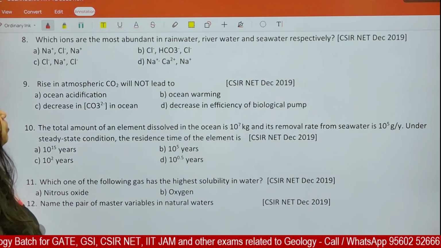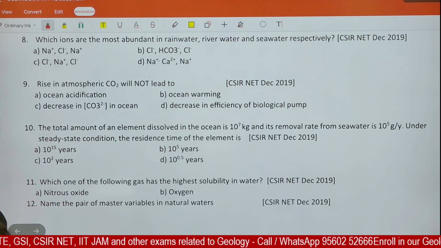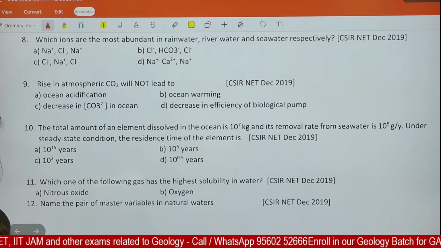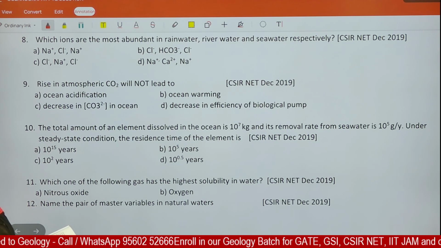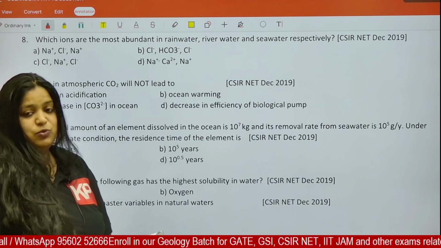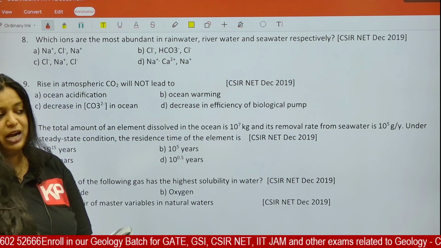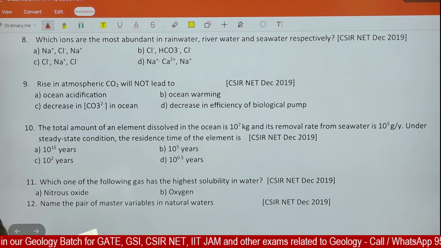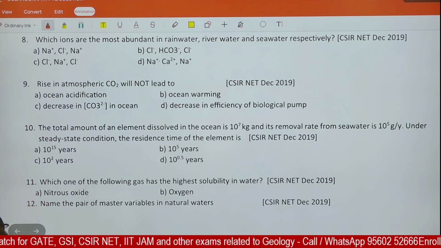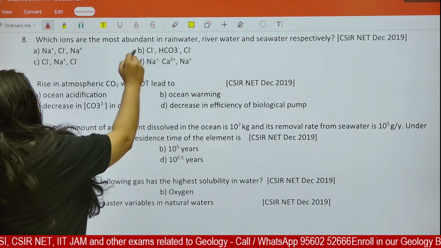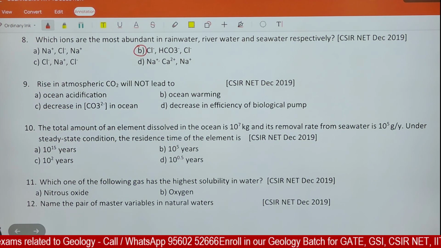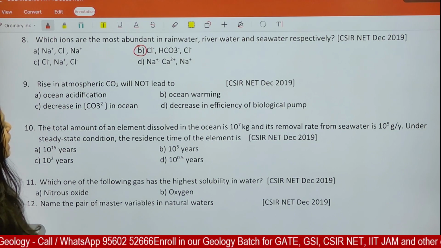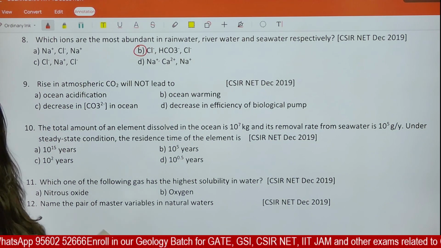Which ions are the most abundant in the composition of rainwater, river water and seawater? It's a very commonly asked question. So over here the answer will be B. This will be the most abundant ions in rainwater, river water and seawater respectively.